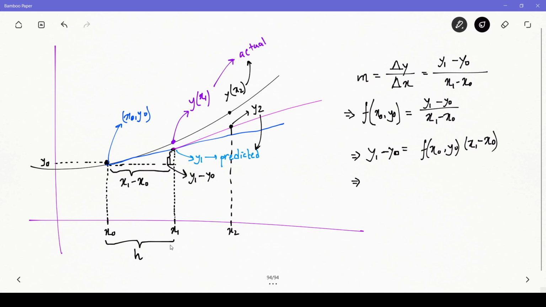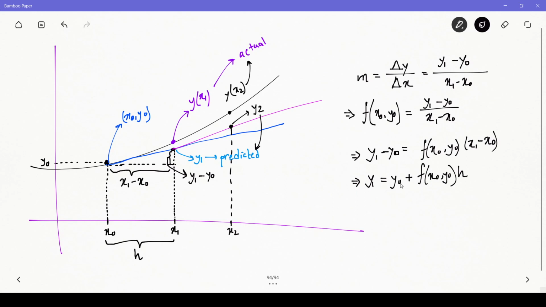So we have already said that the difference between the consecutive x values is the step size, right? So we can replace x1 minus x0 using the step size, and we can take this y0 to the right hand side, then this minus will become plus. So we can say y1 is equal to y0 plus f of x0 comma y0 times h, right?